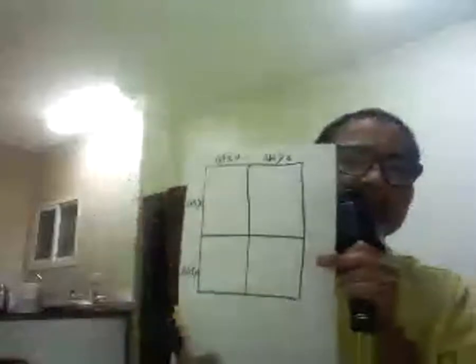Then we have entropy greater than zero, and we have enthalpy greater than zero. Then we have here entropy less than zero. This is our labeling.